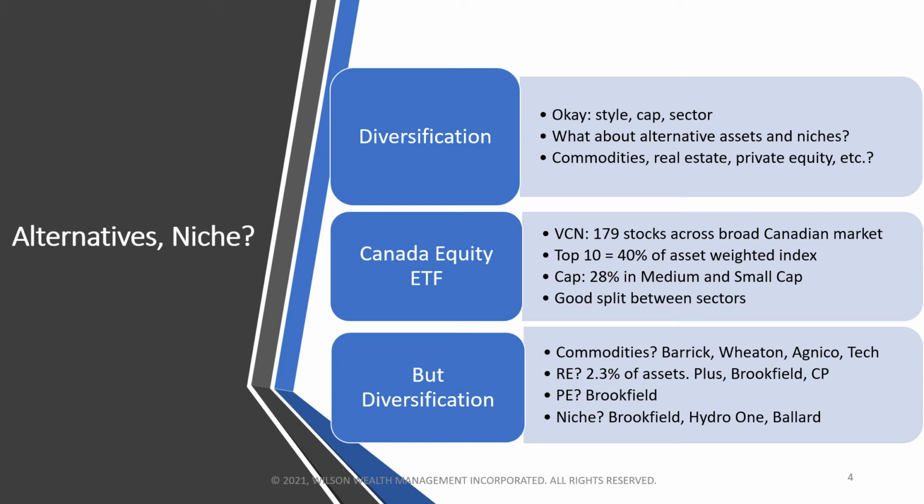And as for alternatives, niche investing, sexy investment trends of the day, commodities. If I look at the Canadian Broader Index, of the top 30 holdings of those 179, I see Barrick Gold, Nutrien, Franco-Nevada Mines, Wheaton Precious Metals.